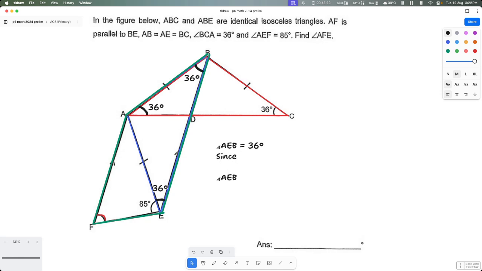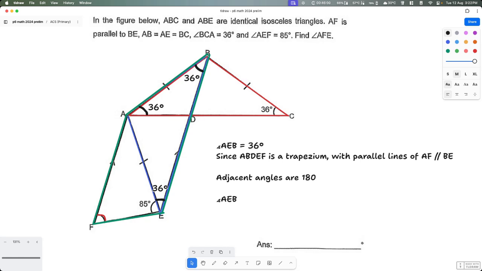Since ABEF is a trapezium with parallel lines AF and BE, adjacent angles add up to 180 degrees.